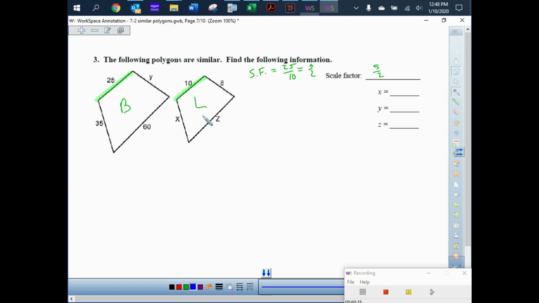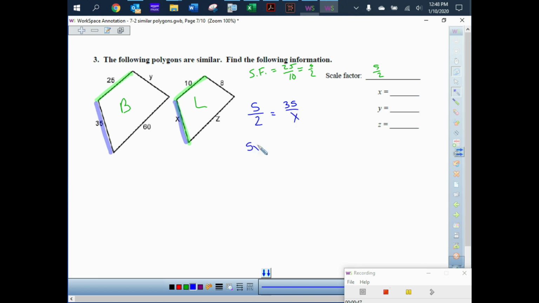And then find x. He corresponds, let's use blue, with this 35. So we'll set up our scale factor of 5 over 2. And remember, we want to do big over little, so we'll do 35 over x, because 35 is in the big polygon, and we'll cross multiply.